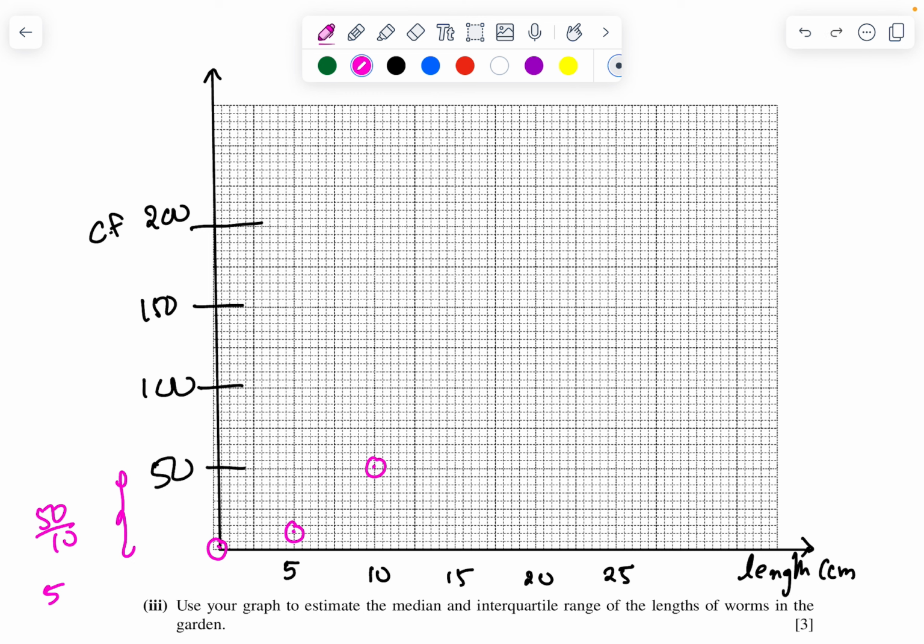So 150 was this, 160 and 170. Then draw the cumulative frequency graph for that. It looks approximately like this.